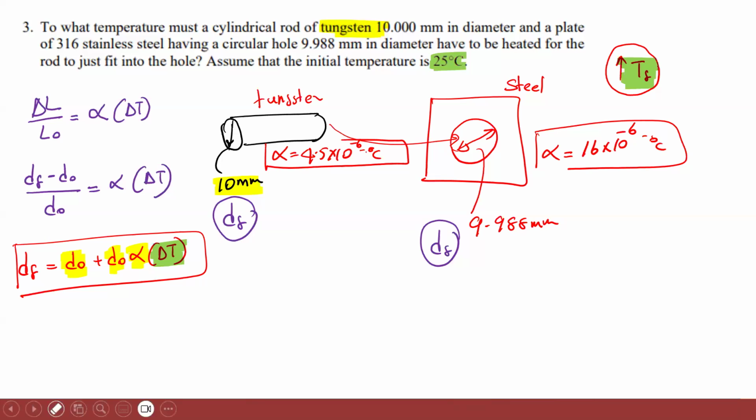Your square will expand like this, and this will expand as well. If you have restrictions, if there are barriers to stop it from expanding, yes, then the hole will get smaller. But if you don't have barriers, the whole thing will expand. That makes sense?